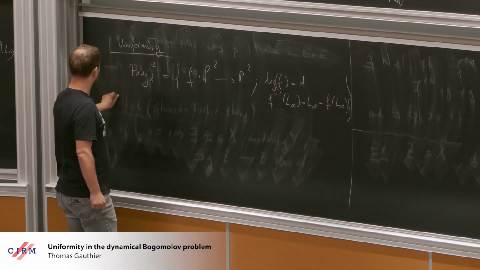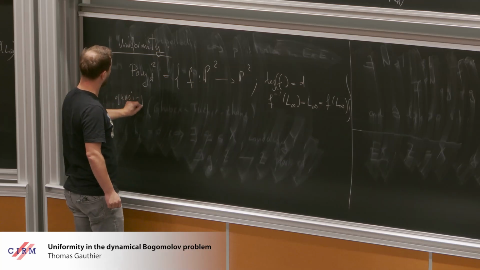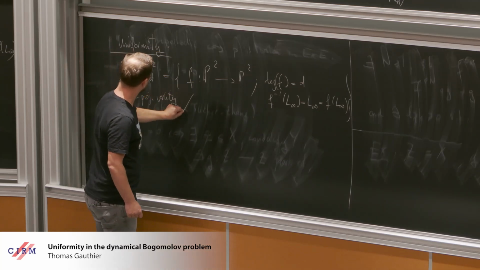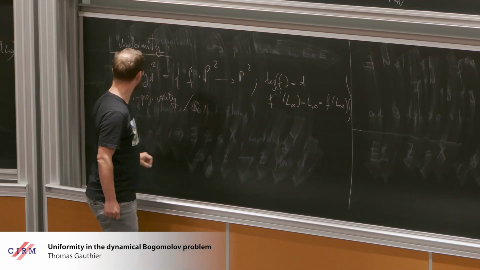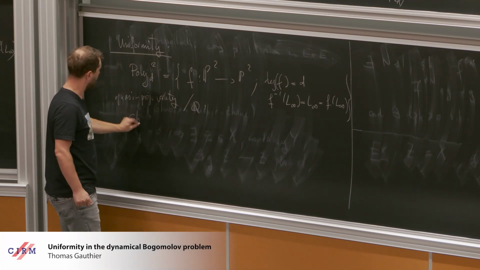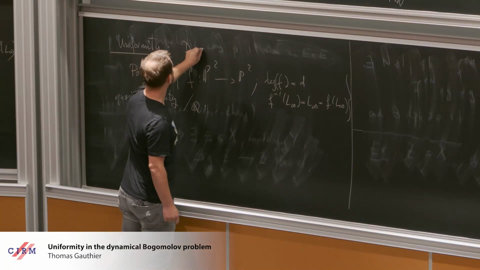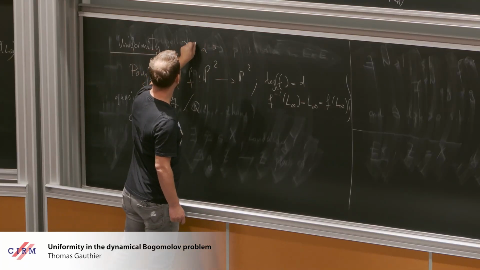So it's a quasi-projective variety defined over Q, and d and D are integers, d at least 2 and D at least 1.